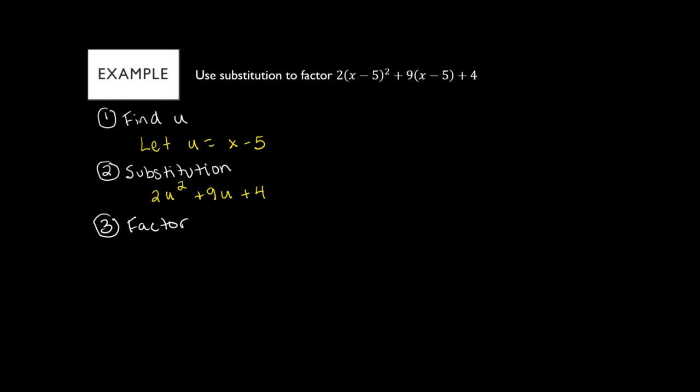Now, this factoring at this point, you could use the AC method because we have a number in front of the u squared, or you can do trial and error. When I see small numbers like this, I usually do trial and error because it's actually faster. There's not a lot of choices versus if they're larger numbers.